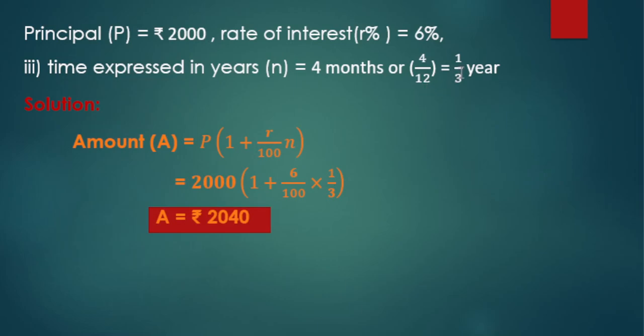So it is equal to 1 by 3. In place of n, we have to keep 1 by 3 in the formula. After putting the value 1 by 3, we will get the total amount, which is rupees 2040. This is about simple interest.